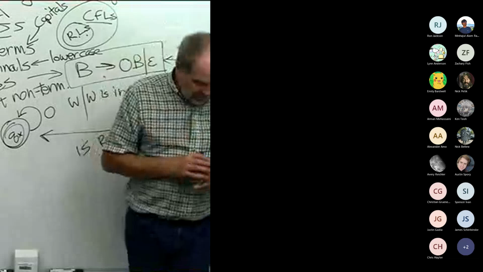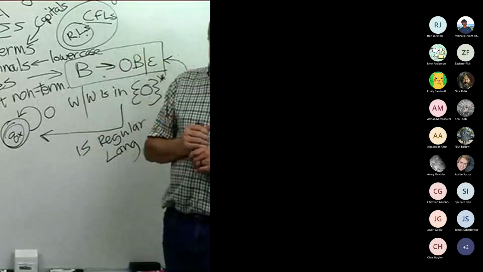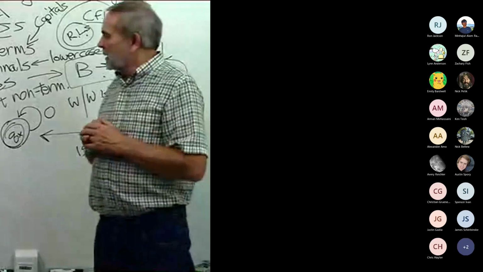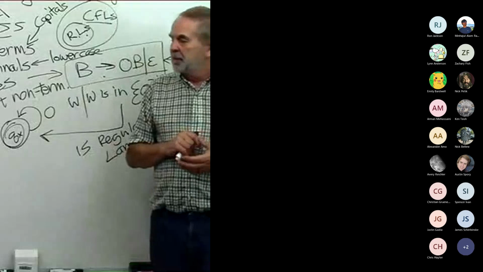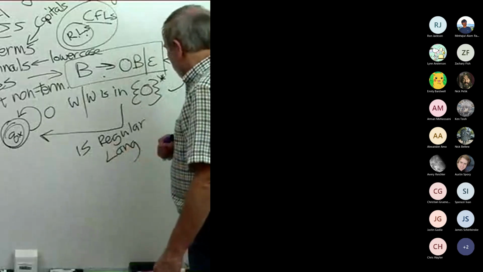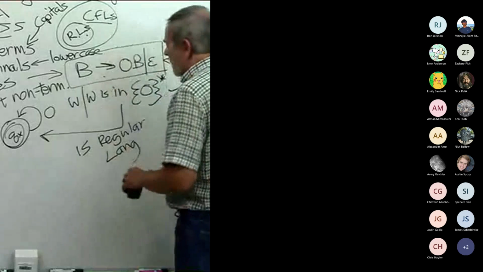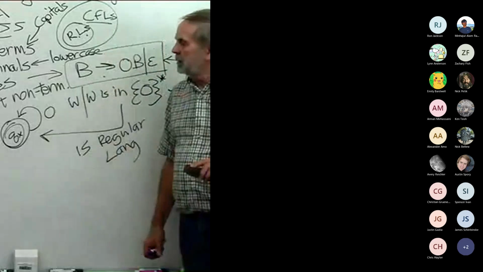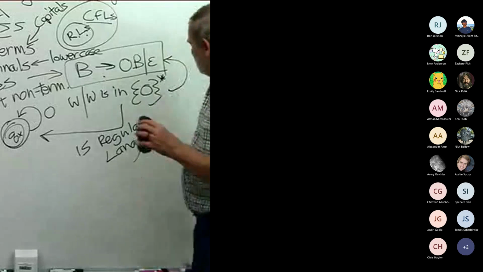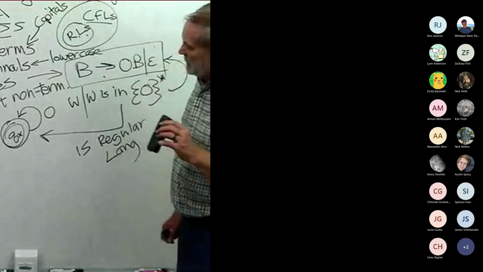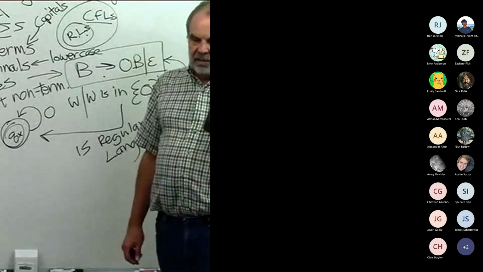And that'll become more clear as we go here a little ways. But let's look at a few examples of some context-free grammars and the languages associated with them. Okay. And in particular, let's look at the standard way of generating mathematical expressions.